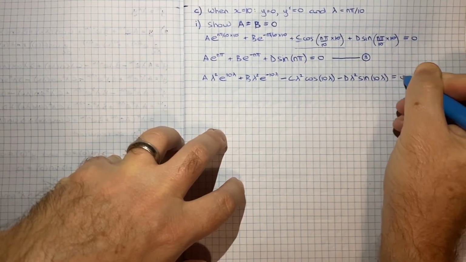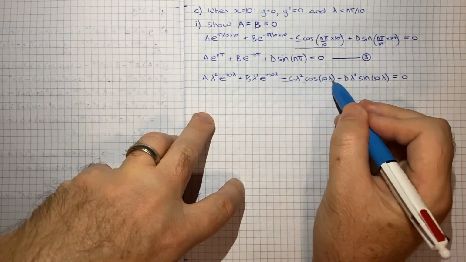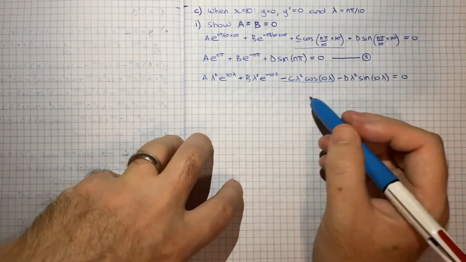So that's all 0. Remember again, we can drop off the c since we know c is equal to 0.